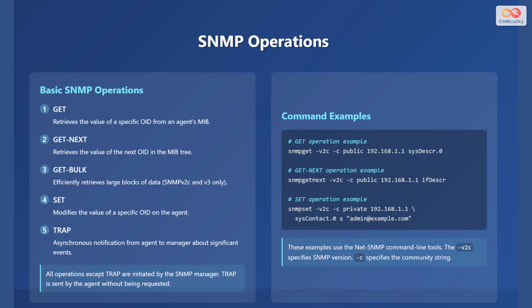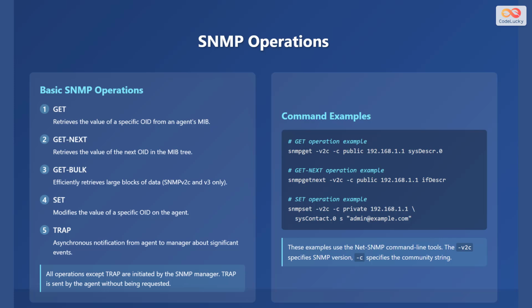All operations, except for TRAP, are initiated by the SNMP manager, while TRAP is sent by the agent without being requested. For example, the command snmpget -v2c -c public 192.168.1.1 sysDescr.0 is used for the GET operation. The command snmpgetnext -v2c -c public 192.168.1.1 ifDescr is used for the GET-NEXT operation.